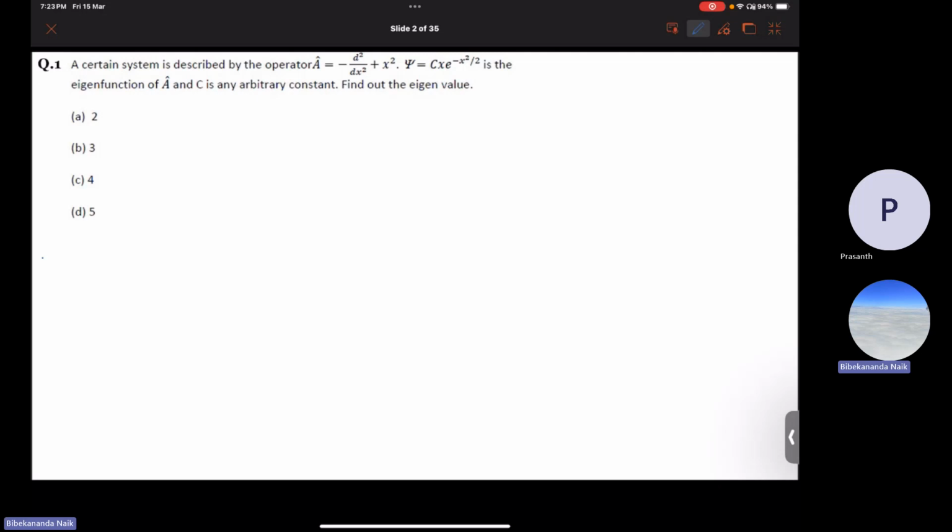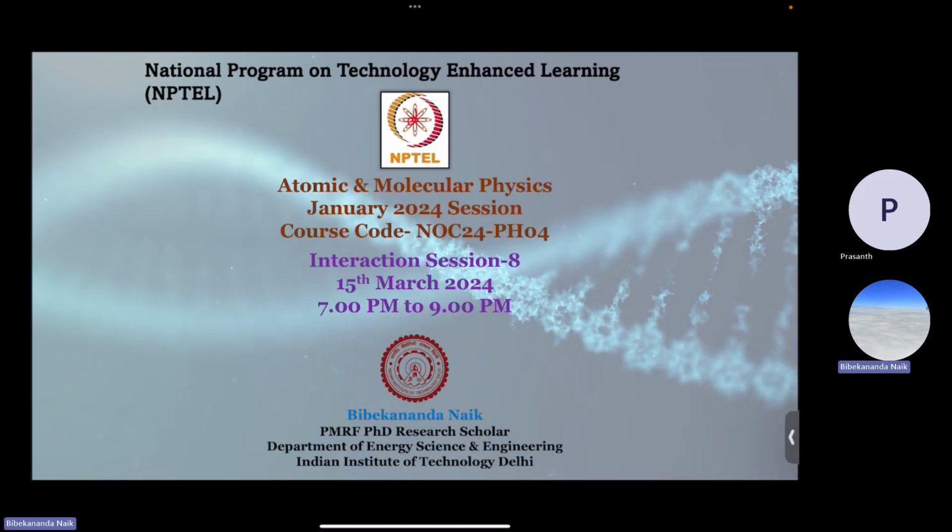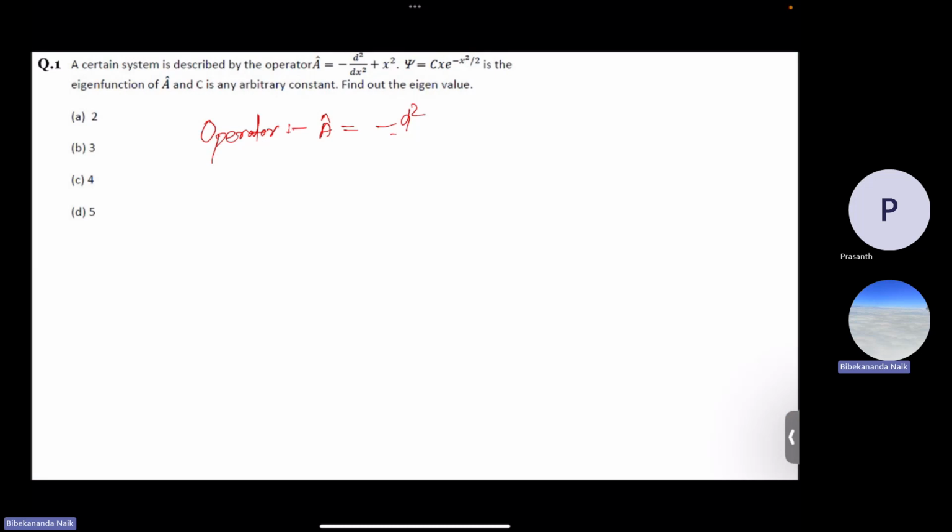So now you see the question says the operator A cap is given by minus d square by dx square plus x square, and the wave function psi is given by C x e to the power minus x square by 2.